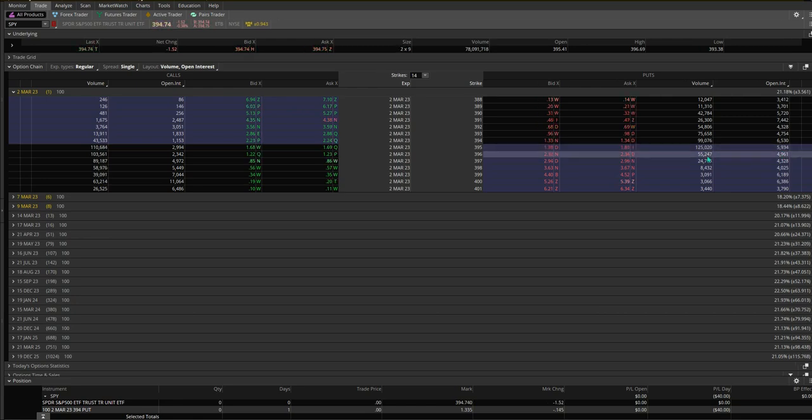So what that means is when you go to place an order and there's enough volume and enough interest in that option, it's going to get filled immediately. I mean immediately. If you place an order on something that has very low volume and open interest, especially volume, it might not get filled right away, only because there's not enough interest. If you're going to buy something, there's got to be a seller on the other end, and there might not be one. But when you're trading the SPYs, there are always buyers and sellers during market hours.